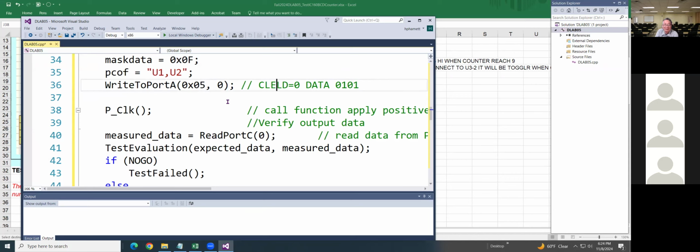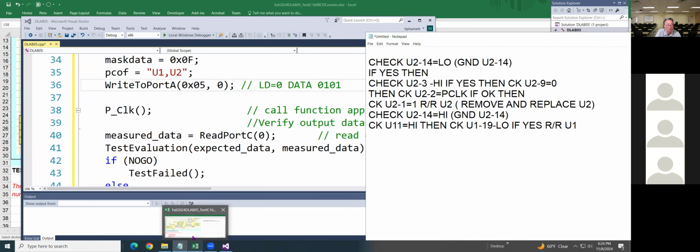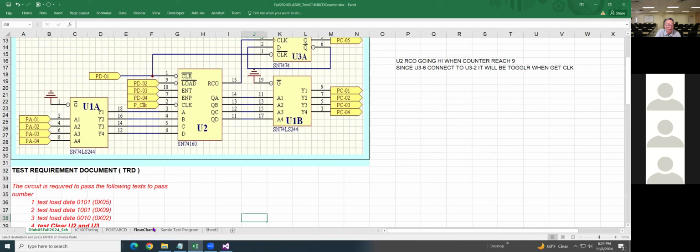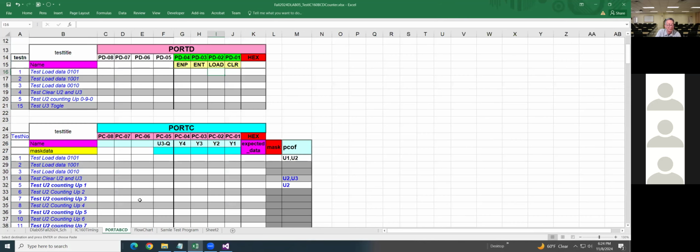However, you have to write to port D. So you want to load, that has to be 0, right? That has to be 1, right? So basically 0, 0, 1.